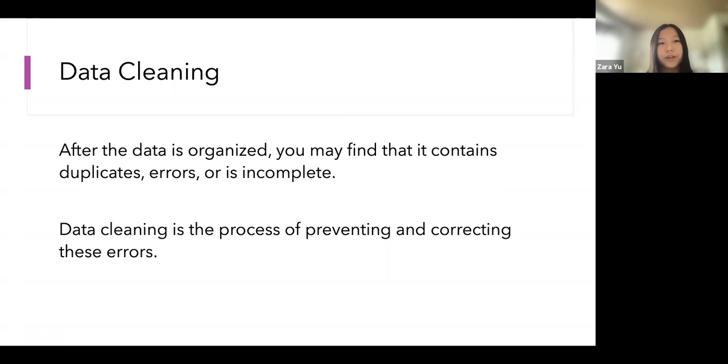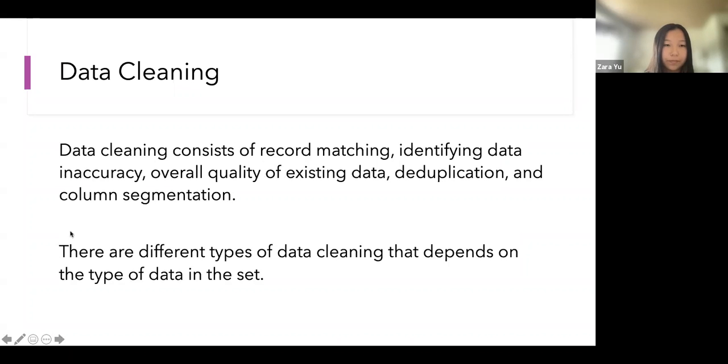If you're collecting data from people, then some people might not have the information that you need. So you have to take them out, and then find more people that have the information that you want. So data cleaning is the process of preventing and correcting these errors. It consists of record matching, identifying data inaccuracy, overall quality of existing data, deduplication, and column segmentation.